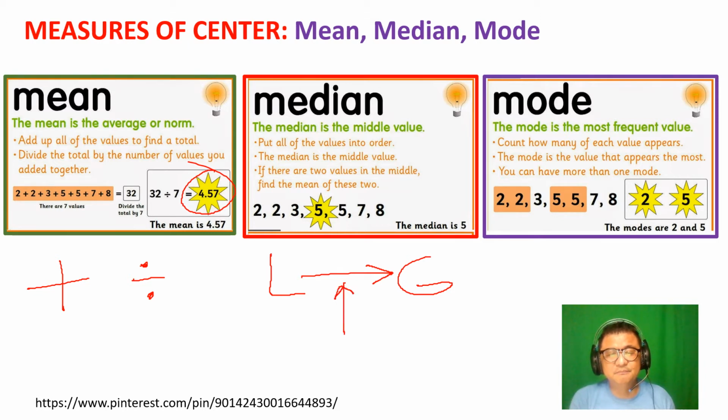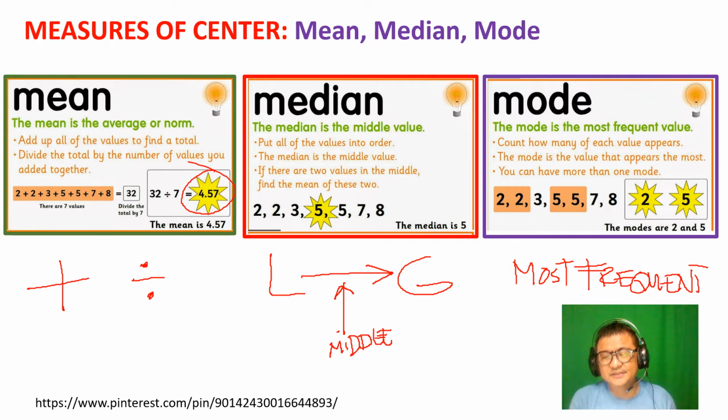If there are two middle numbers, you add them and divide by 2, or get the average of them. Now, mode is the most frequent. So we remember that and there's no need to review it because we did that in the past lesson.